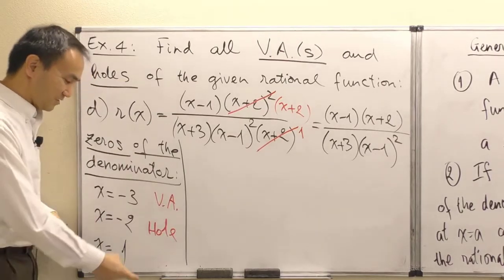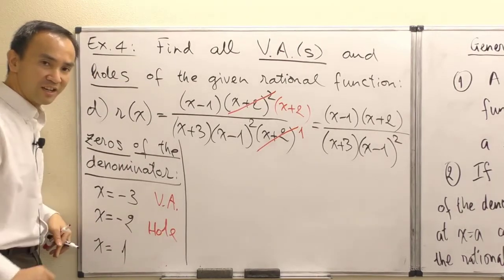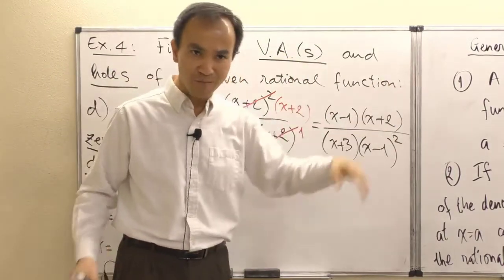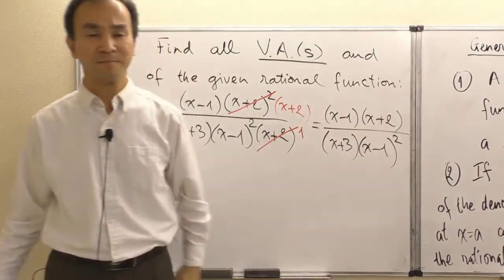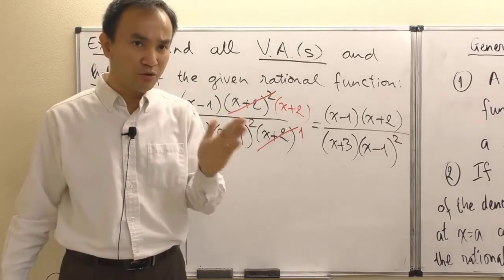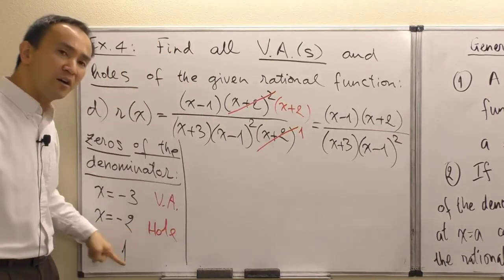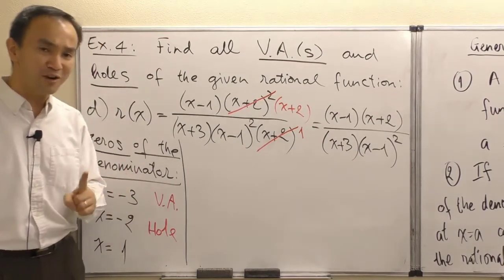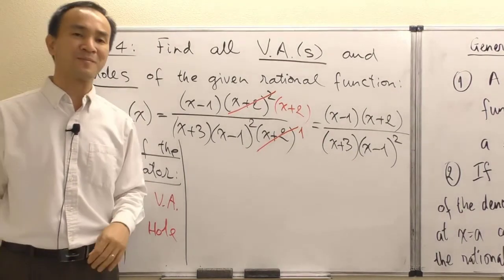Okay. So now let's move on to the last one right here, and let's decide. See, once again, I could have canceled completely all of my common factors. There's still common factors here. But I decided not to do that because we want to move on one by one throughout our zeros in the denominator. That's my thought process, and I hope you understand my intention when you're doing this. Okay?